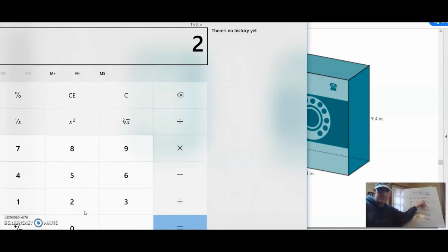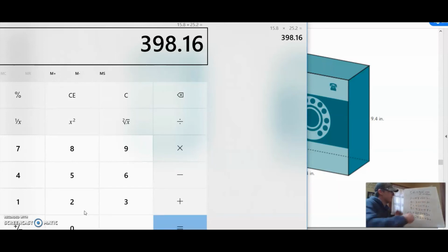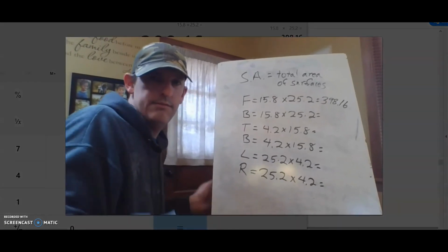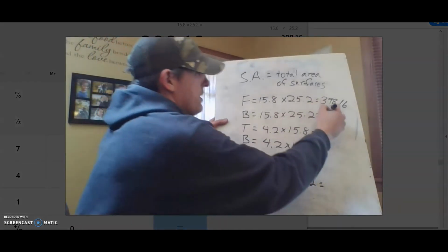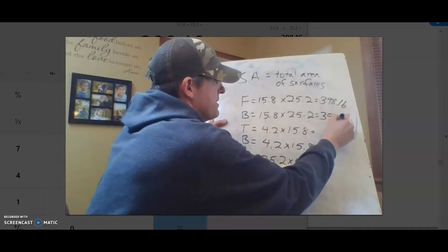So here we go, 15.8 times 25.2 gives me 398.16. And that's going to be the same on both the front and the back.